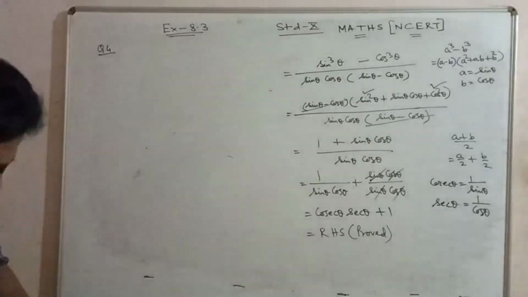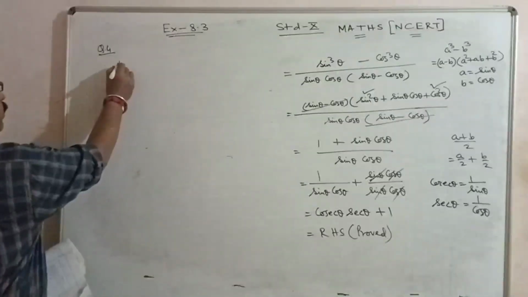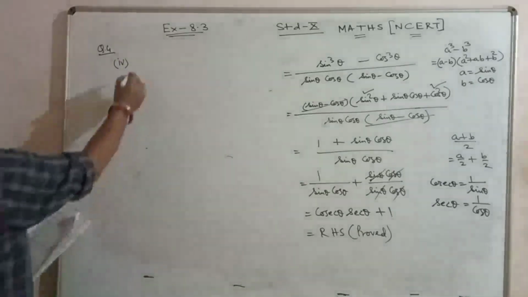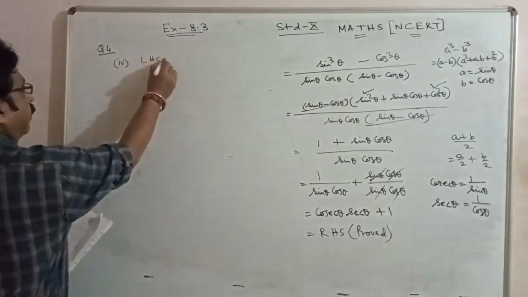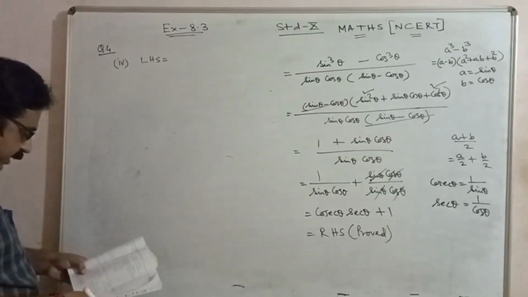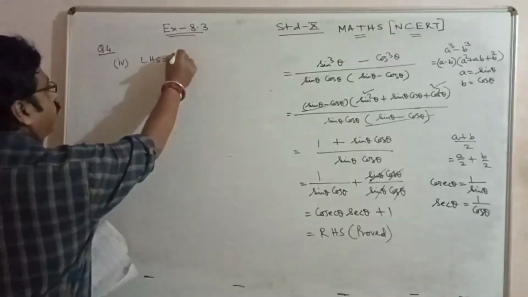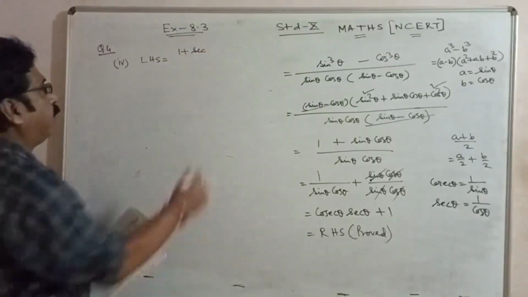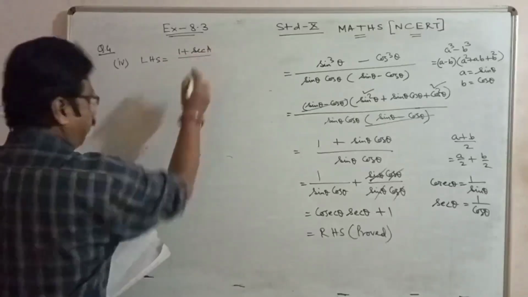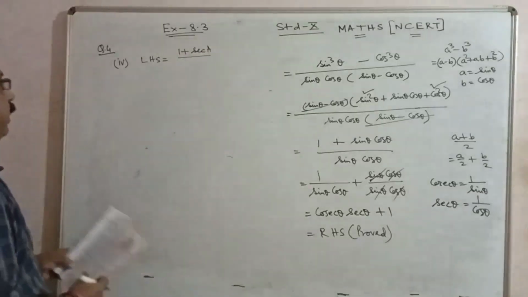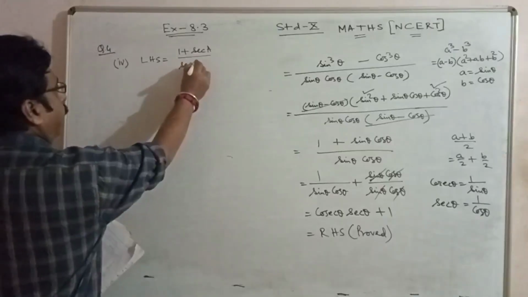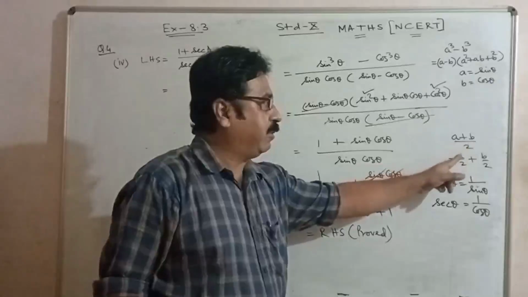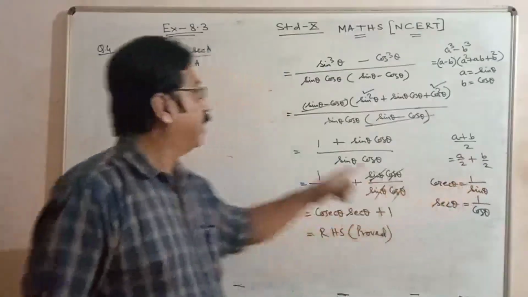Fourth sum. LHS: 1 plus sec A upon sec A. A plus b upon 2 means we can split a upon 2 plus b upon 2.